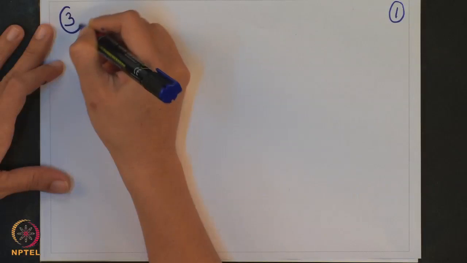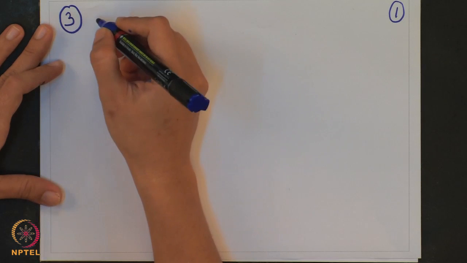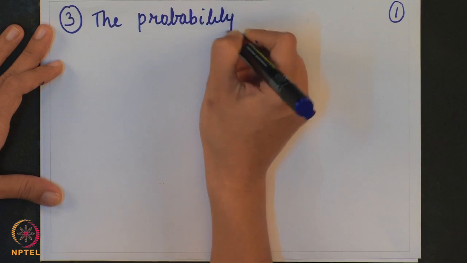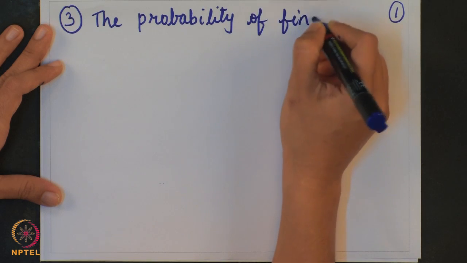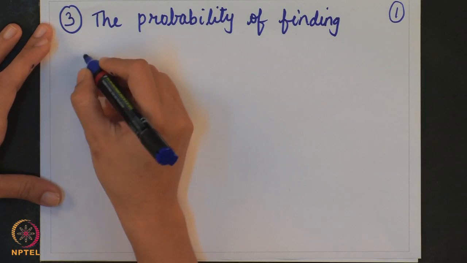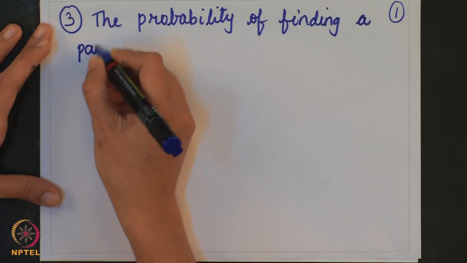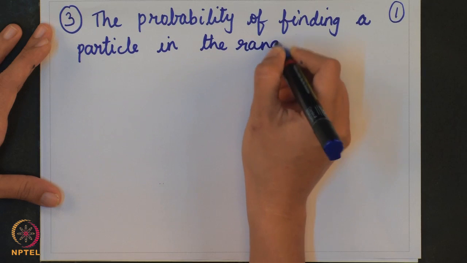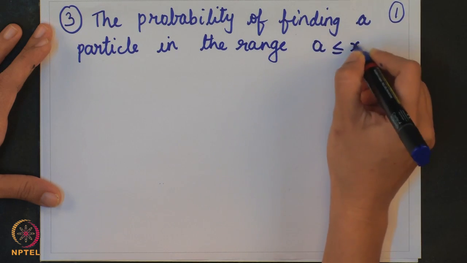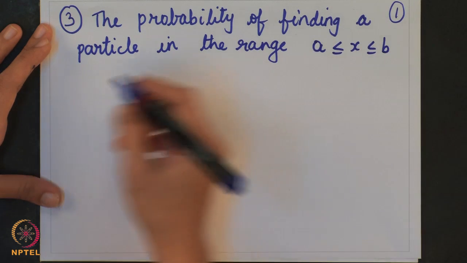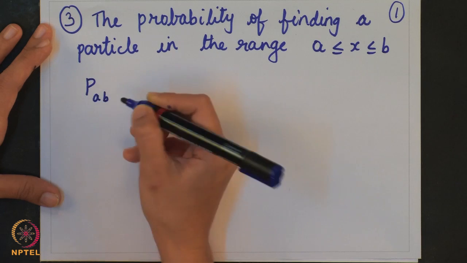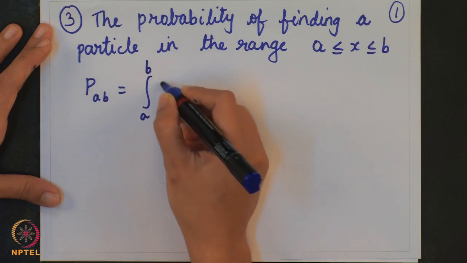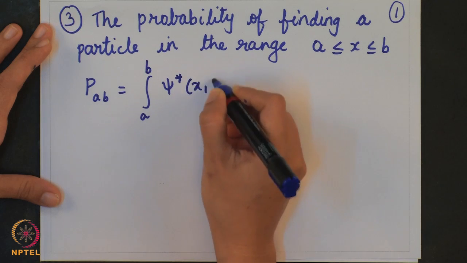So, the third problem of the first tutorial. We write the probability of finding a particle in the range a less than or equal to x less than or equal to b, let me call that P_AB. P_AB will denote the probability between the range a and b, which will be given by psi star(x,t) psi(x,t).